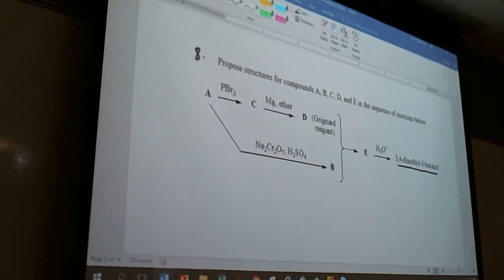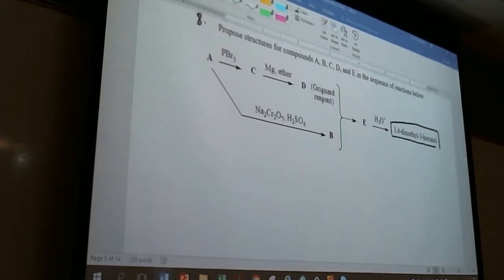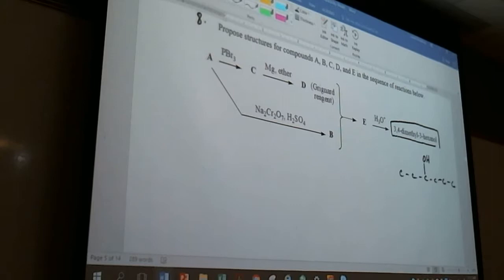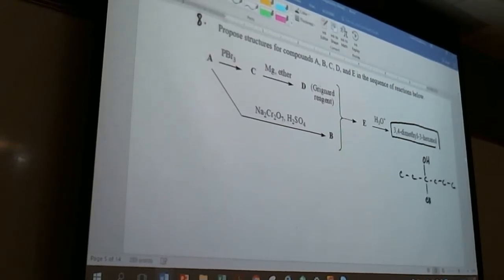Now, obviously, you're going to look at the product first, and then do some sort of retrosynthetic analysis. So this is hexanol, so 6 carbons with an OH on carbon number 3, and then 3,4-dimethyl-3-hexanol.